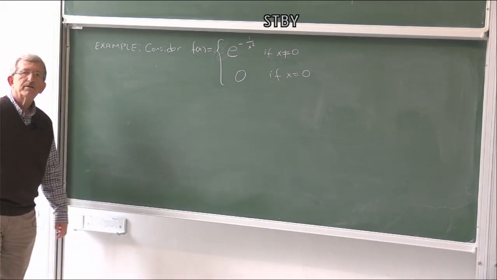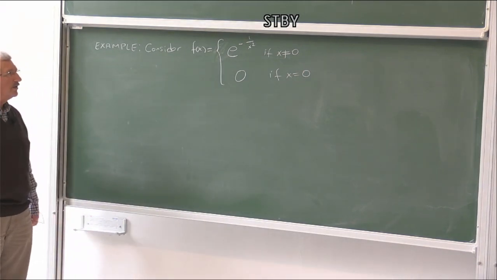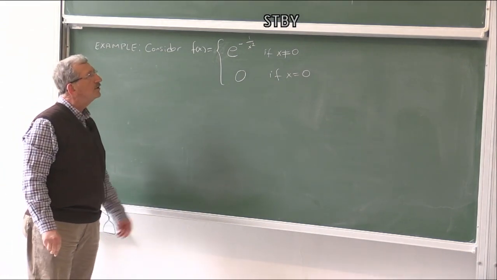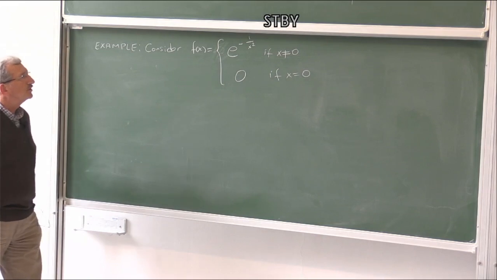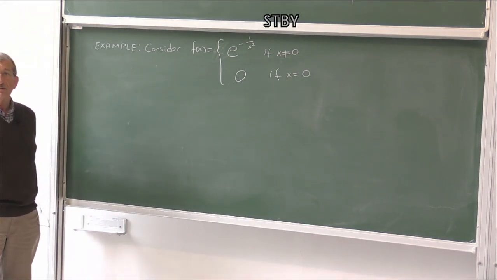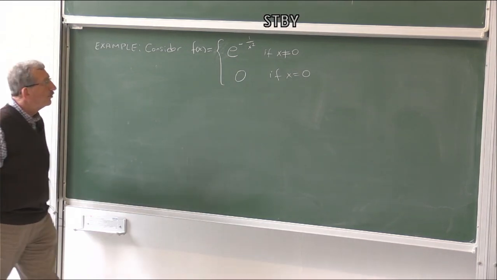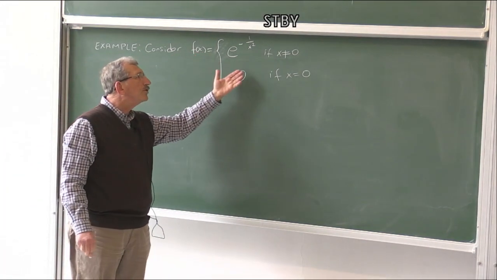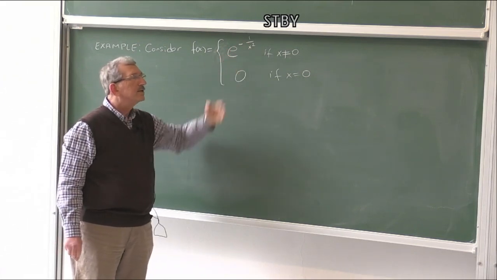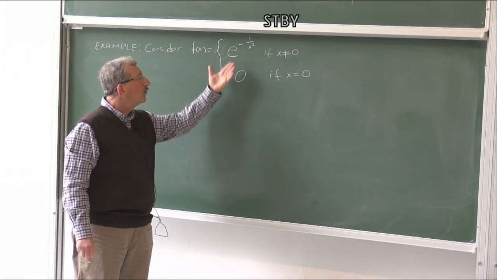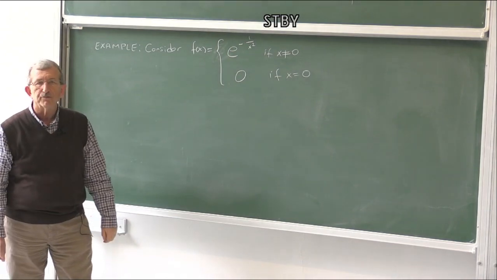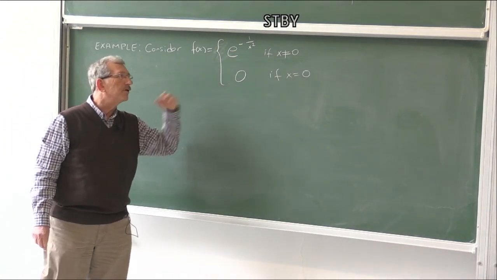Now, as we will see, this is a peculiar looking but an extremely nice function. It's called a smooth function. That is, all of its derivatives at 0 exist and they are 0. First of all, we immediately observe that it's a continuous function at 0, because when x approaches 0, 1 over x squared approaches infinity, so exponential of minus something going to infinity will be 0, which is the value of the function.